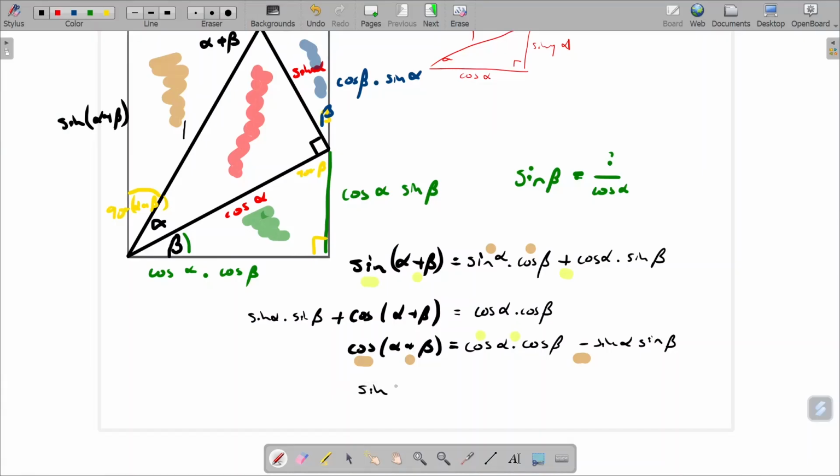However, there are 4 formulae on your formula sheet. And so we can actually think about how to get the other 2. Again, if we looked at, for example, sine of alpha minus beta, and we think of that as sine of alpha plus minus beta, I'll leave this as an example for you to think through.